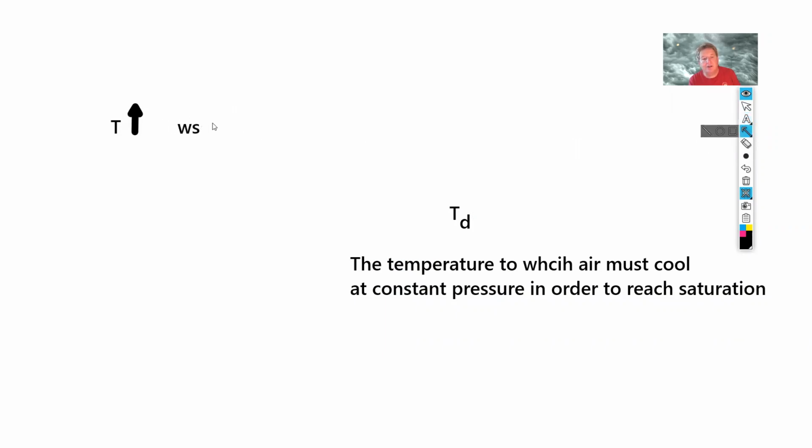W sub S goes down, and what does the relative humidity do? Hold on, I'm lying to you, please ignore that. The capacity goes up, right? Greater the capacity, greater the temperature, etc. What does relative humidity do? Relative humidity goes down.